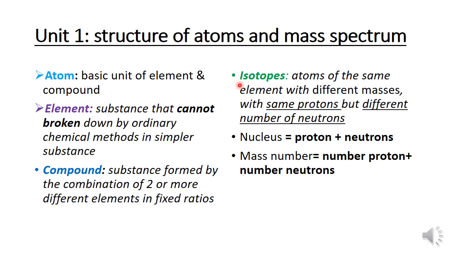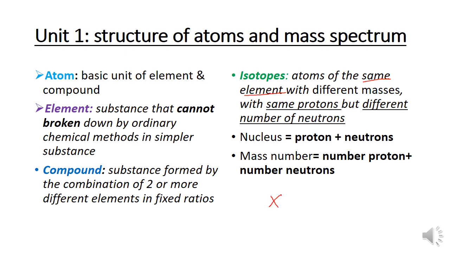What is an isotope? An isotope is an atom of the same element with different masses, with the same number of protons but a different number of neutrons. Example, we have X like this.